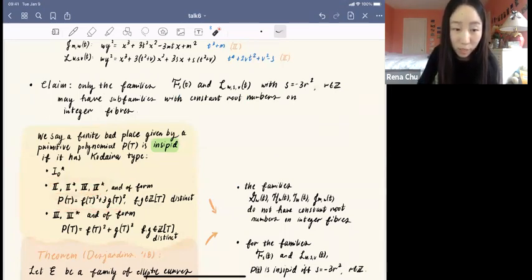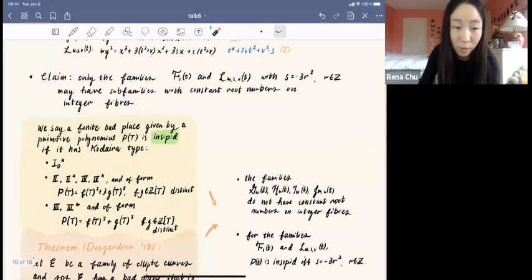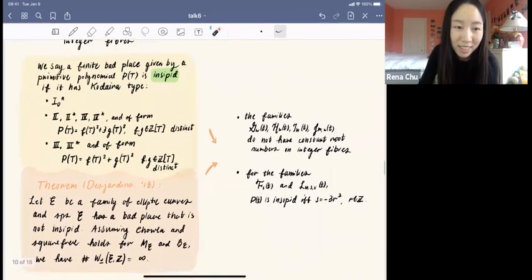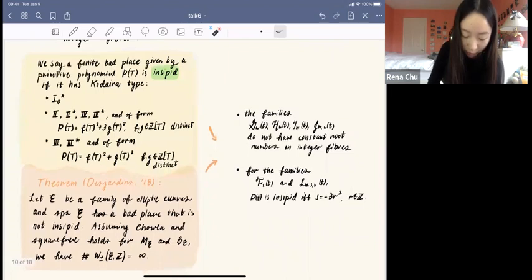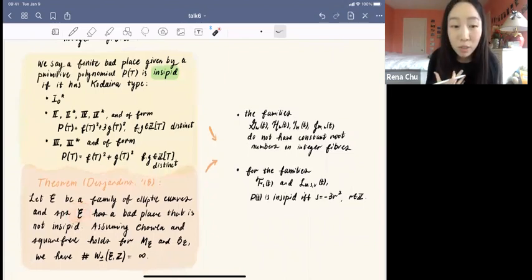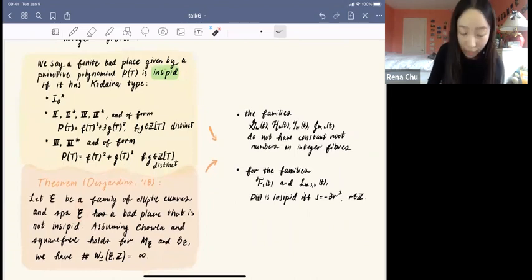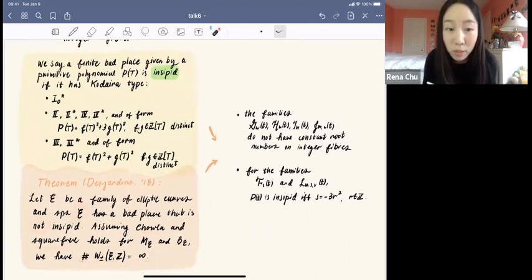What are we going to do with this definition? Well, a theorem by Desjardins says that if we have a family of elliptic curves and this family has a bad place that is not insipid, then assuming the Chowla and the squarefree conjectures, the root number is not constant on integer fibers.